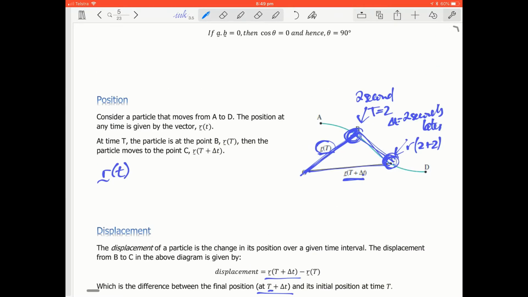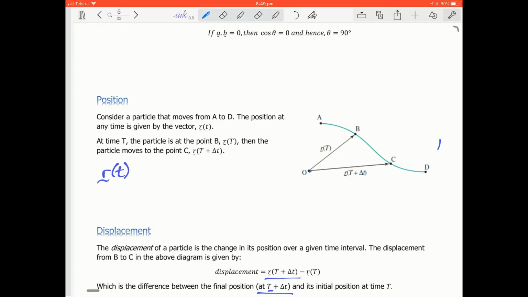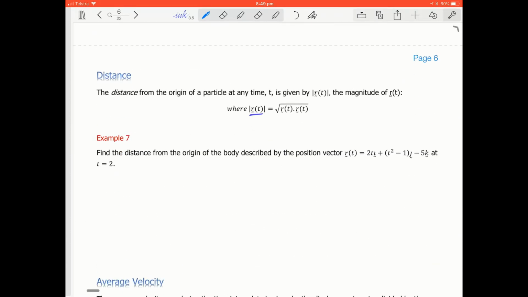If I wanted my distance from the origin, so from here to here, I've got to find r of big T. If I want to find the magnitude of this vector, we just dot the vector with itself and square root it. That will dot my i components together and add my j components dotted together, and then when I square root it, that'll give us the length of that vector, which is the distance from the origin to that point.